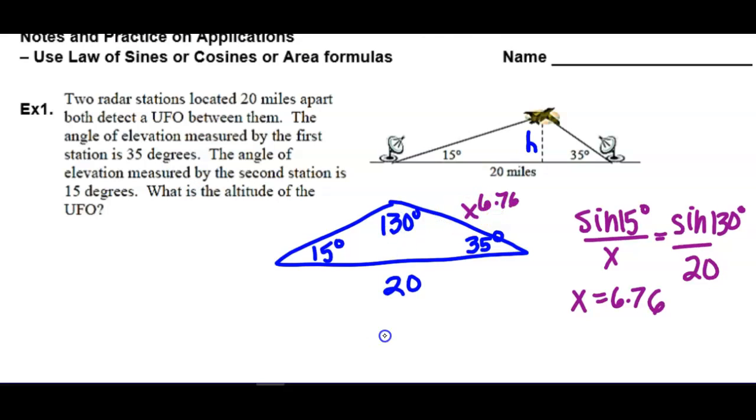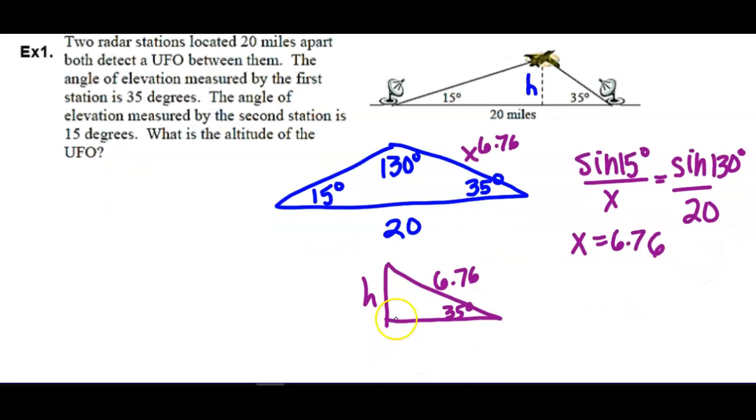So what we're really trying to find, though, is this height straight down. If we know this is 6.76 and this is 35 degrees, by the way, straight down does not split that 130 degree angle evenly either. But we can now use either law of sines with a 90, or we can just use SOHCAHTOA here. This is opposite and hypotenuse.